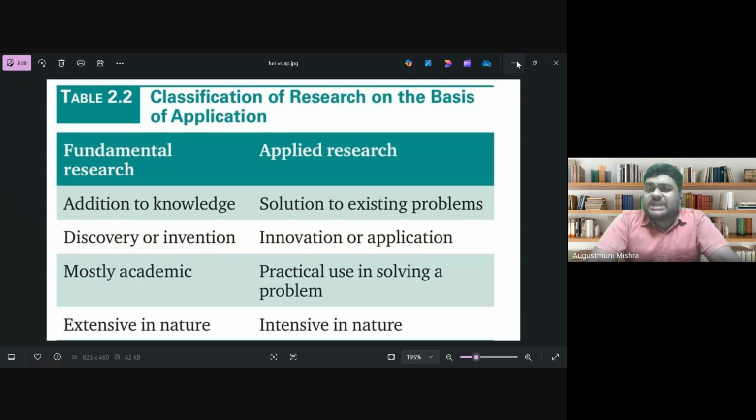Like it was extensive in nature, it is intensive in nature. Okay, so for example, I'm just sharing another one that will clear all your doubts. So if I get the diagram, that will clear all your doubts.